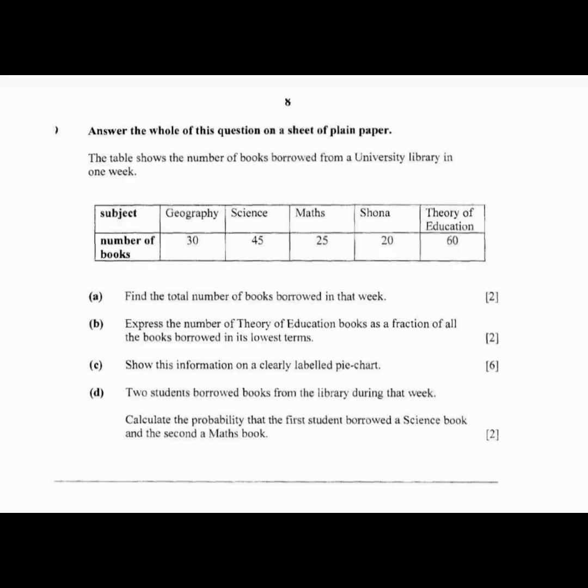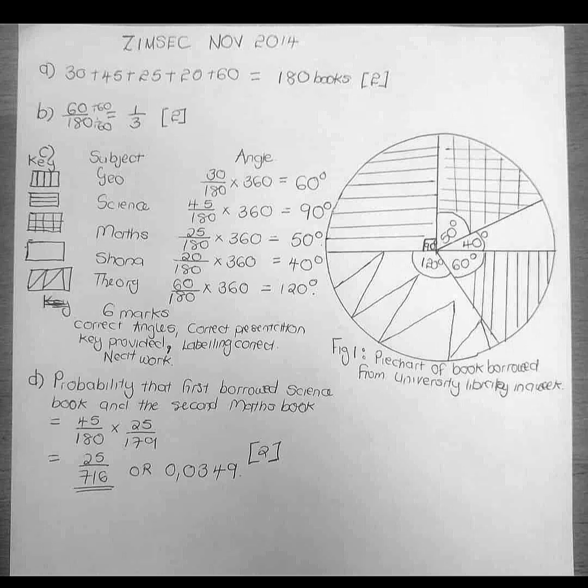It is reading, 2 students borrowed books from the library during that week. Calculate the probability that the first student borrowed a science book and then the second borrowed a maths book. So the probability of first selecting the one that picked a science book is going to be 45 over 180. And then the probability of picking maths is 25, right?